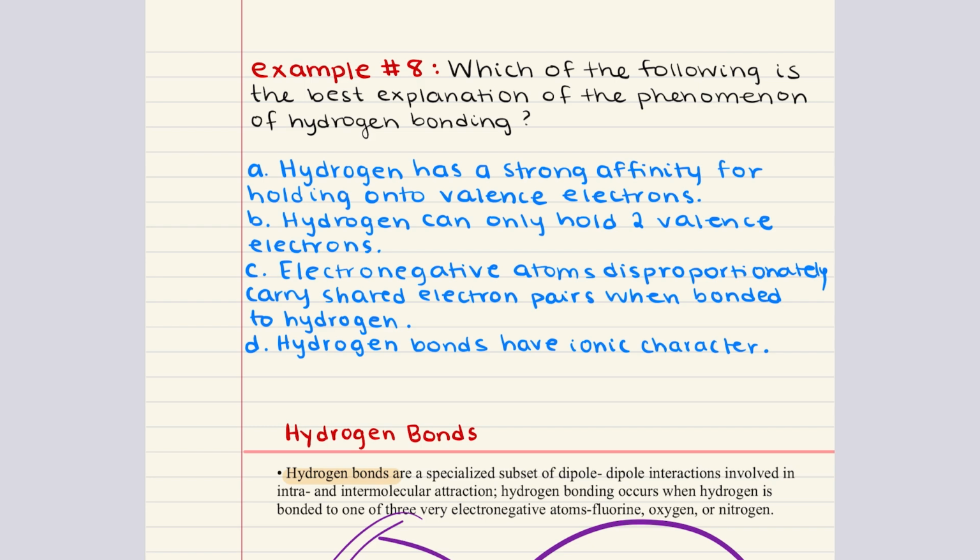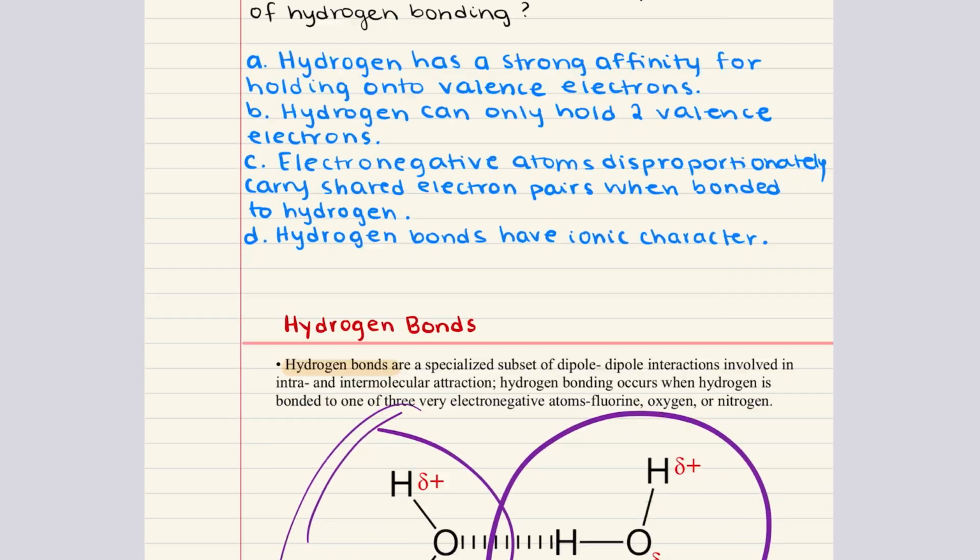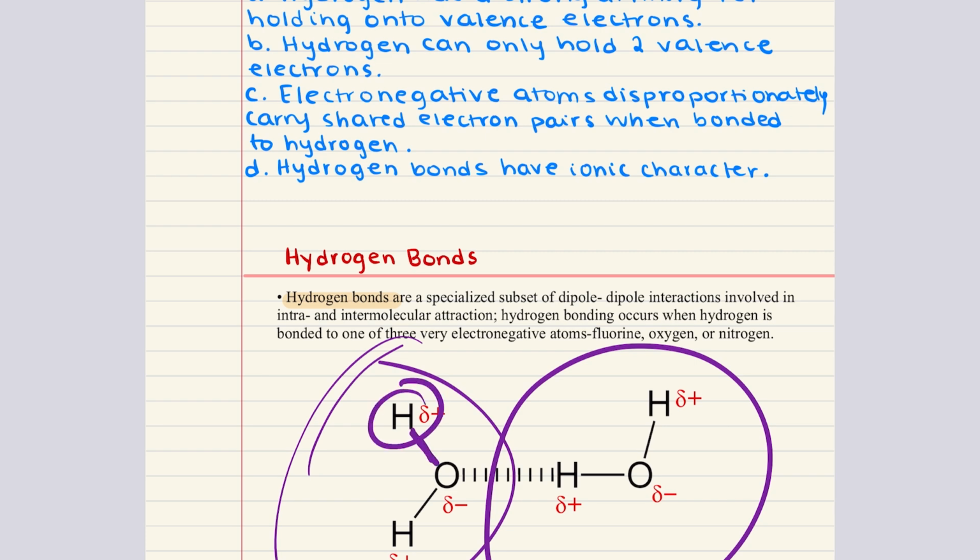Looking at answer choice C, C says electronegative atoms disproportionately carry shared electron pairs when bonded to hydrogen. Now, this statement correctly captures the essence of hydrogen bonding. When hydrogen is bonded to an electronegative atom, the shared electrons are pulled closer towards the more electronegative atom, and that creates a partial positive charge on the hydrogen and a partial negative charge on that electronegative atom.